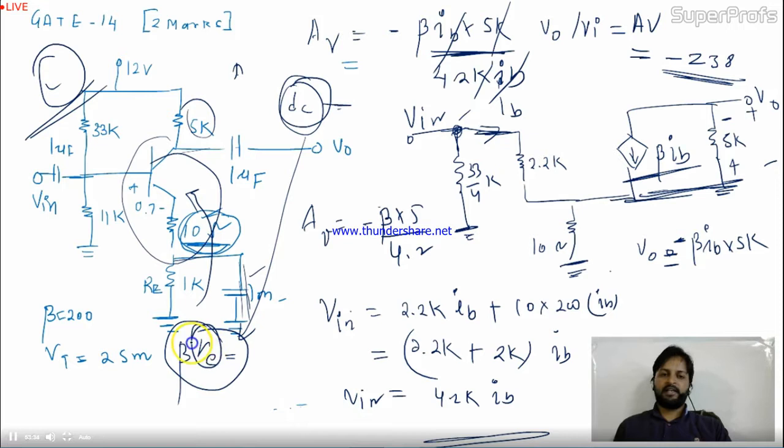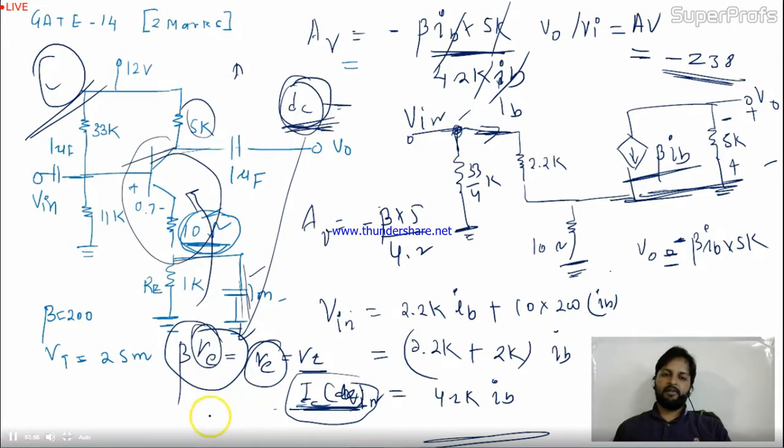This Re will come because of DC analysis only, because Re is nothing but Vt divided by IC DC. So to calculate Re, you need the value of IC DC. So for the IC DC, you will do the DC analysis of the circuit. After doing this, you will have Re.